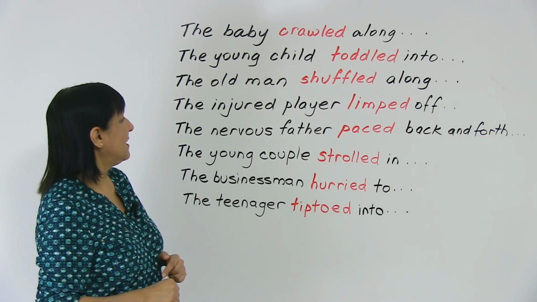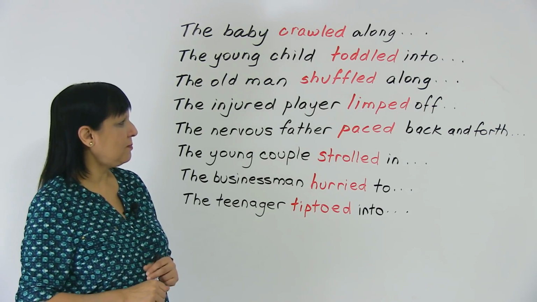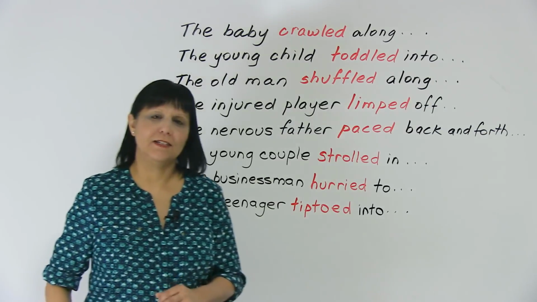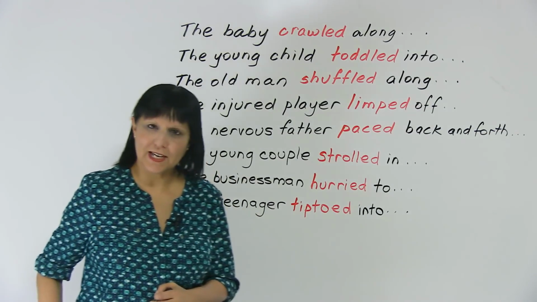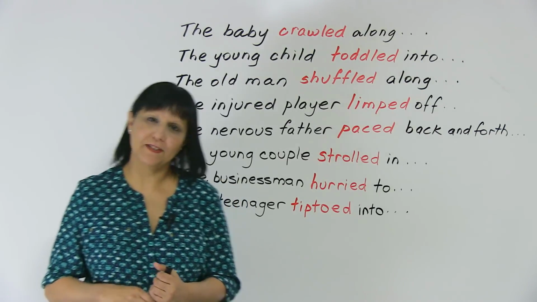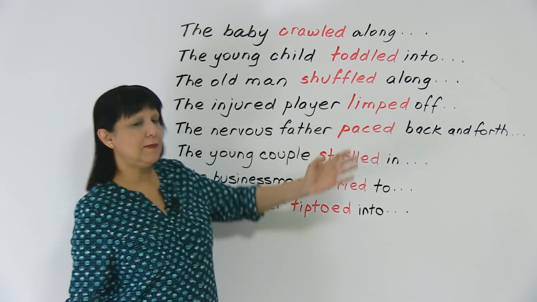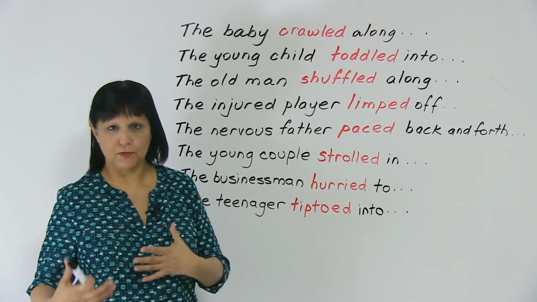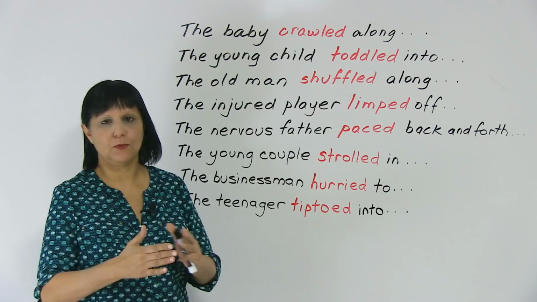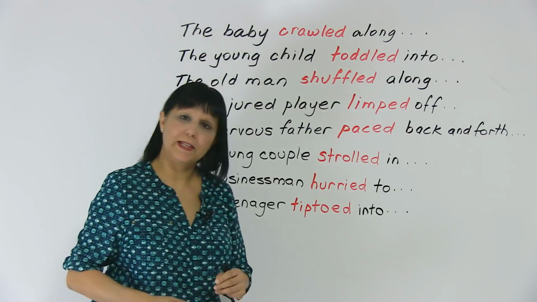Good. Next one. The injured player limped off the football field. So he's injured, he's hurt his leg, he can't walk properly, so he limped off the football field. So you limp when you have hurt some part of your body, one of your legs or your feet or something like that, and you can't walk properly, then you're limping.